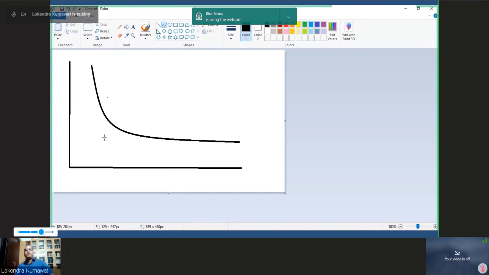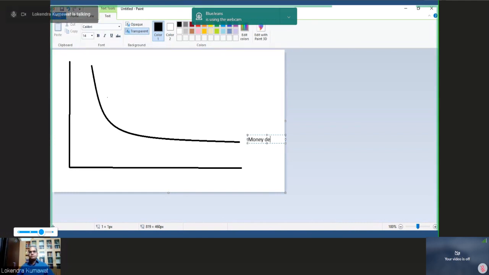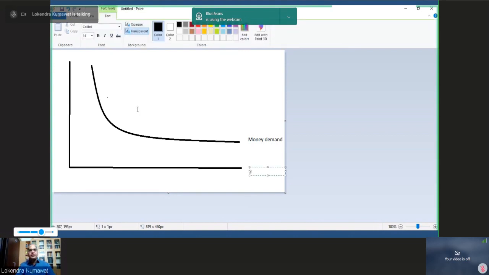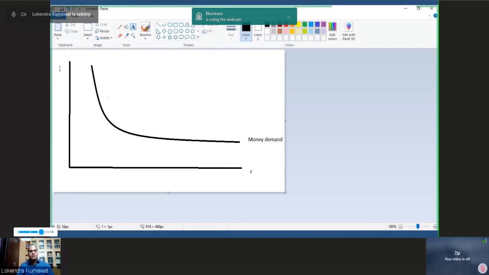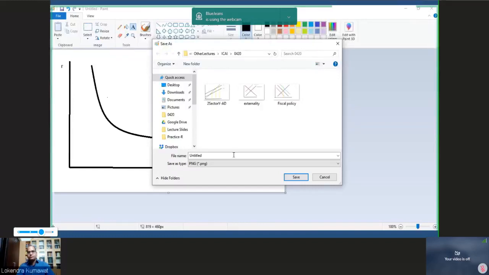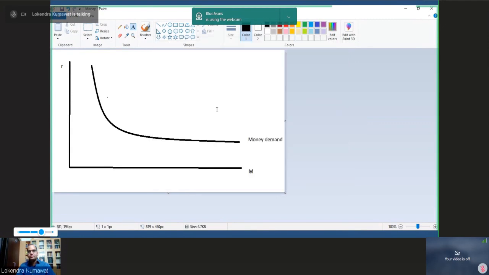One will get this type of relation. Okay, this is the money demand curve.